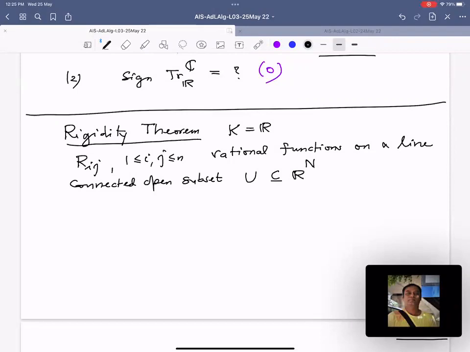Line connected means that if you have two points, then the line connecting them is also completely contained in the set. That is what one means by line connected.